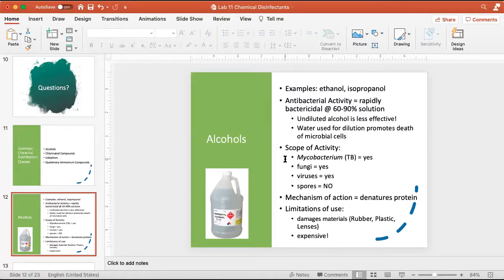So because of that waxy material, the TB organism is a little bit harder to kill too. And not all disinfectant chemicals are effective against this organism. So if you worked in a place professionally that TB was a problem, let's say you worked in a hospital that typically encountered patients with TB.